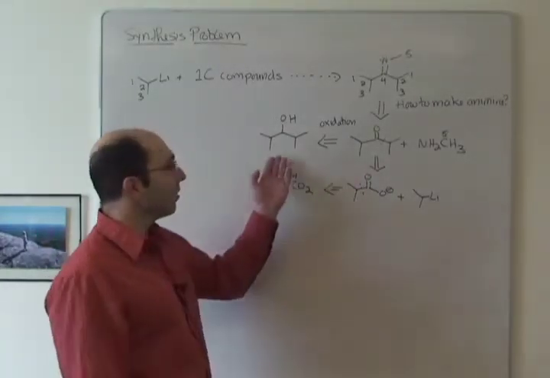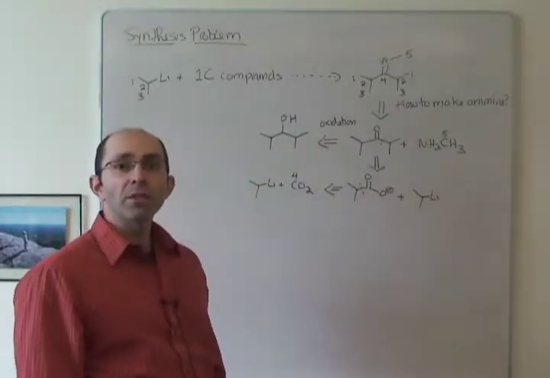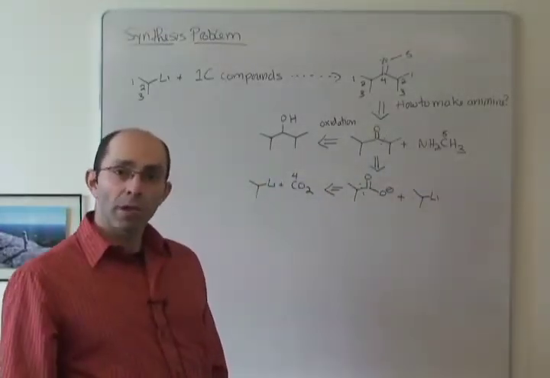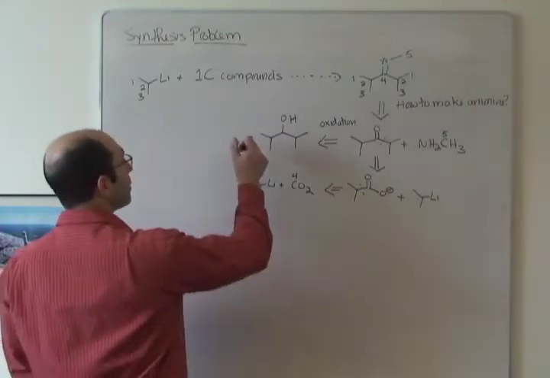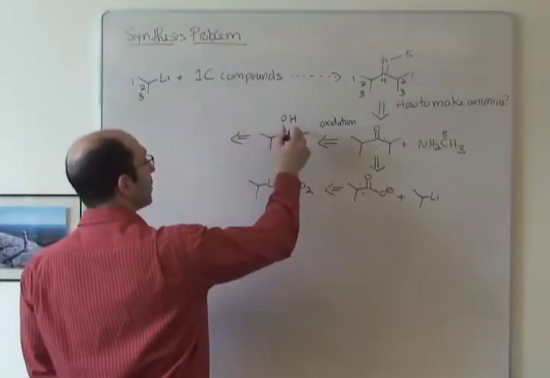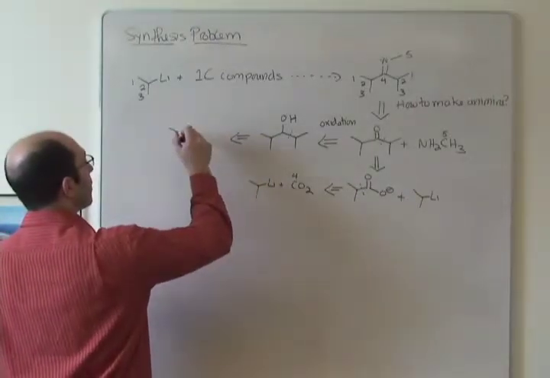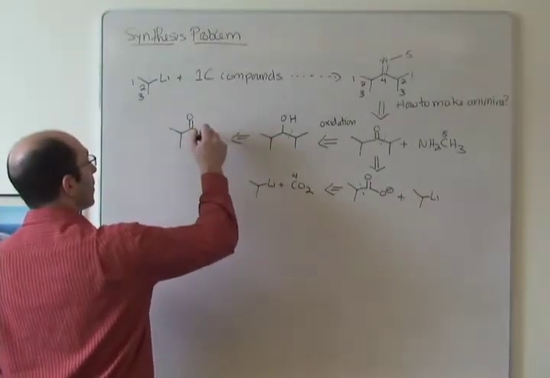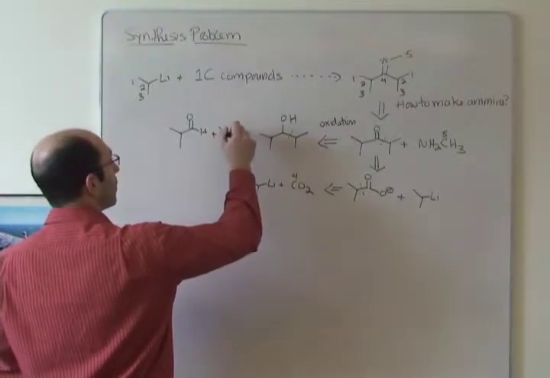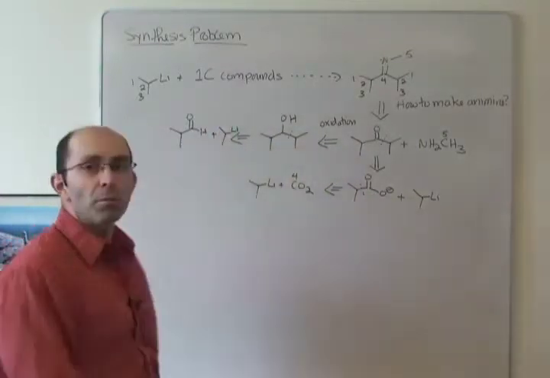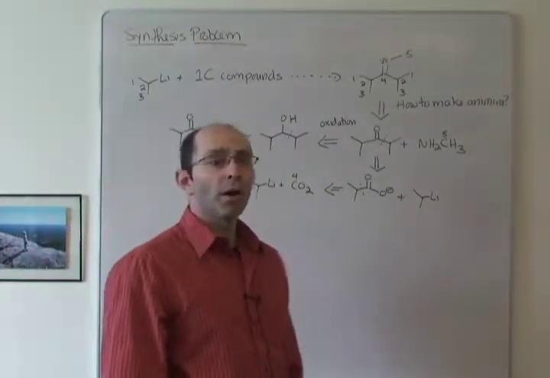Then the question is, how do I make a secondary alcohol? We're very good at making secondary alcohols. So we could imagine breaking off one of those bonds, and that could come from an aldehyde plus our 3-carbon alkyllithium component. That would work fine.